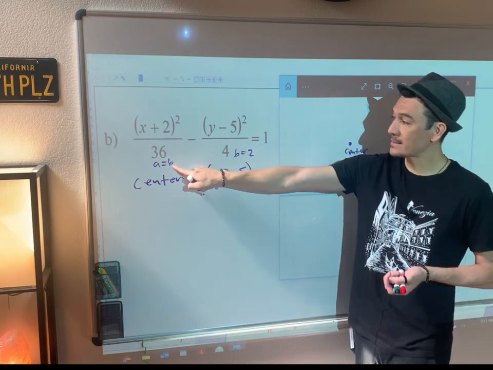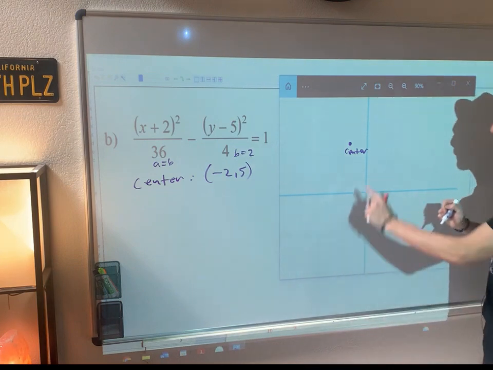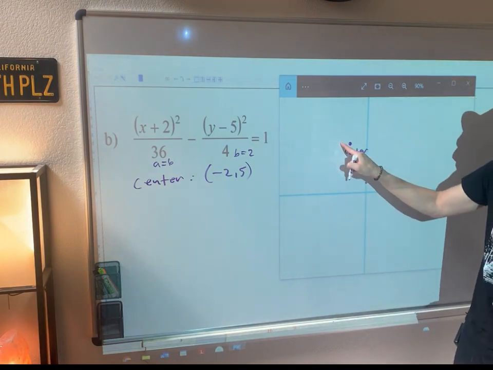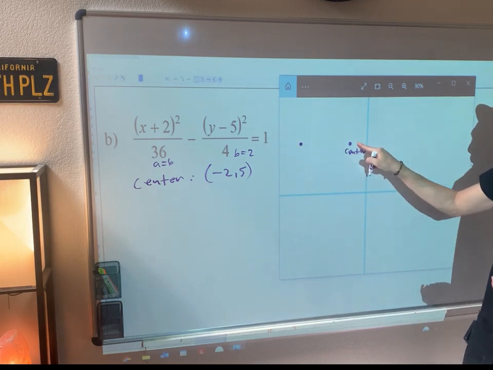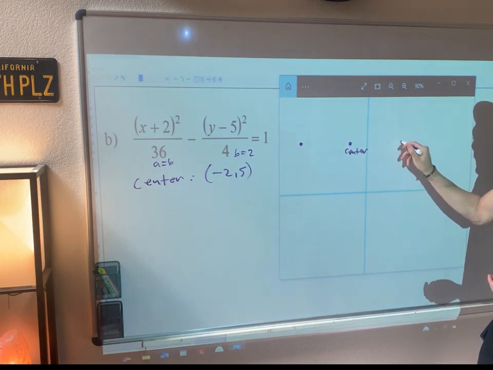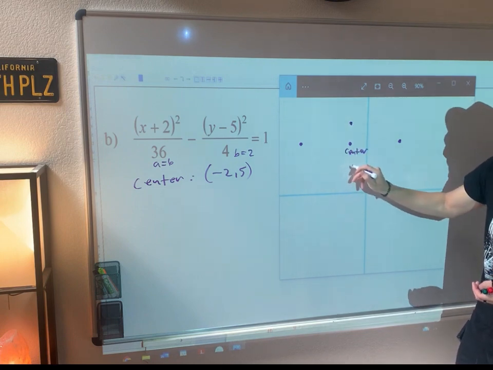Now, this 6, because it goes with x's, it's going to be side to side. So from your center, go 6 spaces one way, and then 6 spaces the other. There we go. And then go up and down 2 spaces. Up and down 2 spaces.